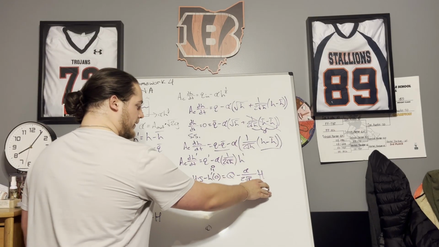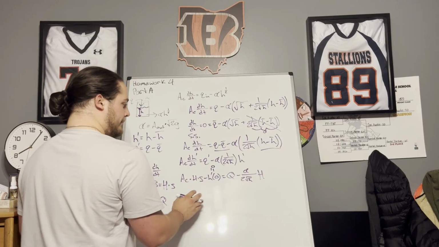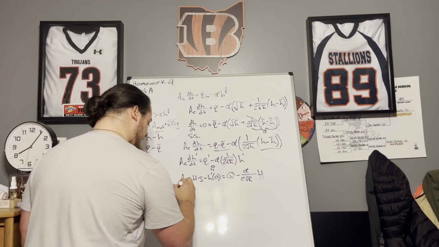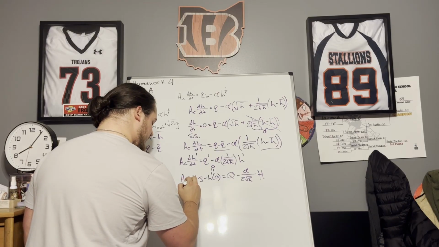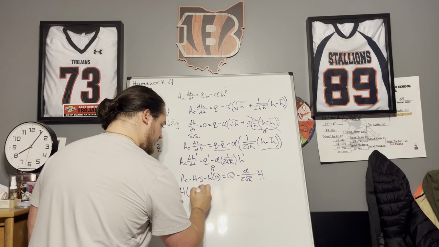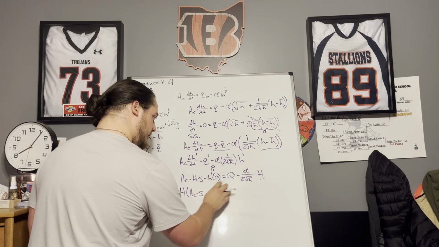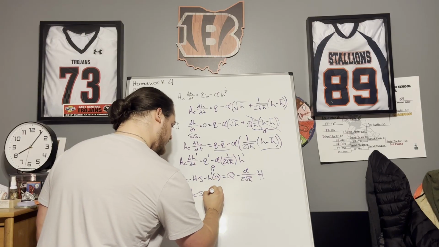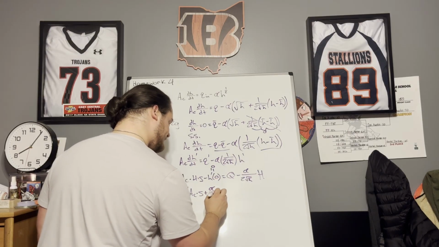So we can move our term here over, and then we will be able to factor out an h from the left side. So that will give us h times our cross-sectional area times s. And then we'll add our alpha over 2 square root of h bar.